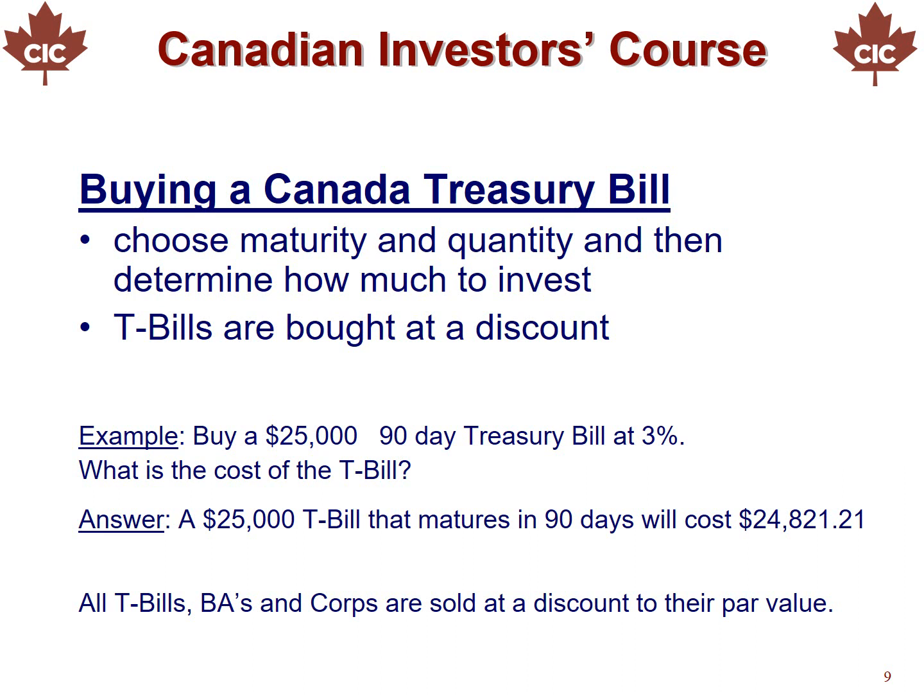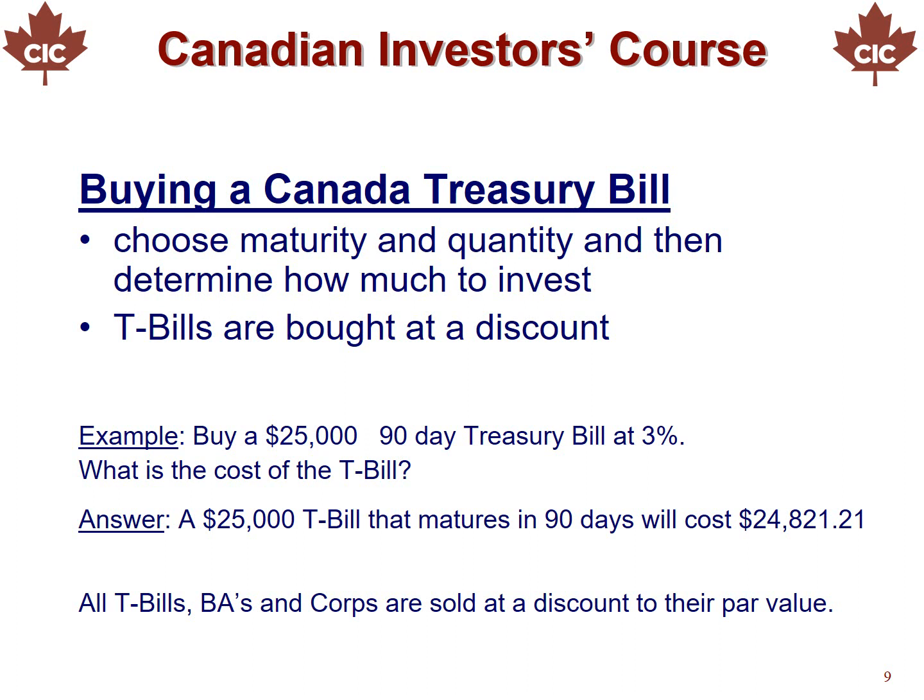So let's think about buying a T-bill. First of all, we have to choose the maturity and the quantity, and then we have to determine how much to invest. Also, it's important to understand that T-bills are bought at a discount and they mature at par. So if you want to buy a $25,000 T-bill, let's say a $25,000 90-day T-bill that pays 3%, what's the cost of the bill?